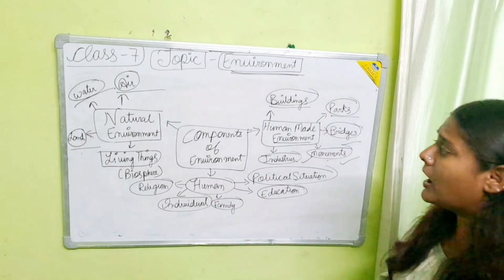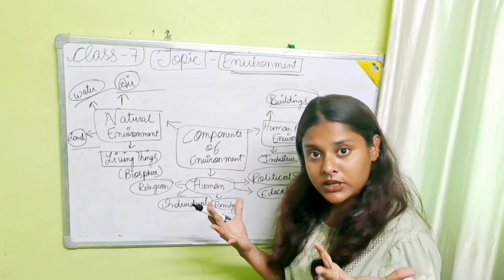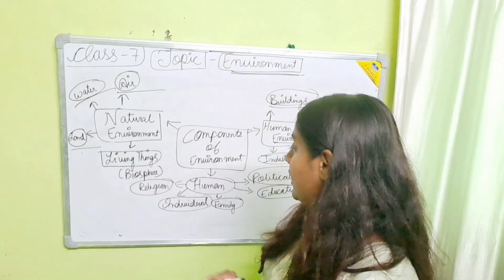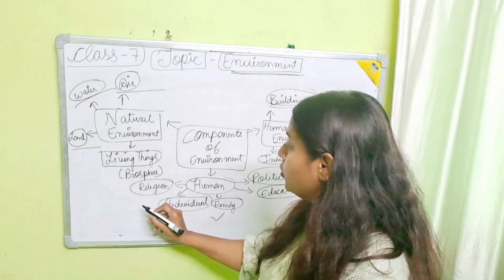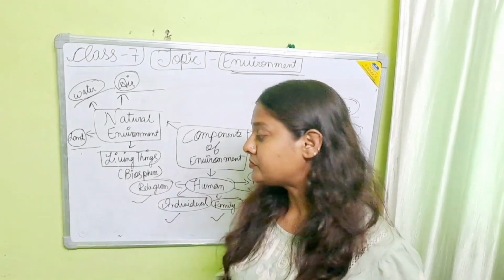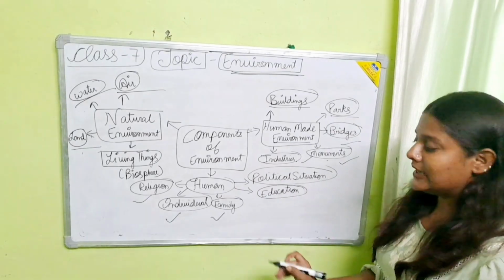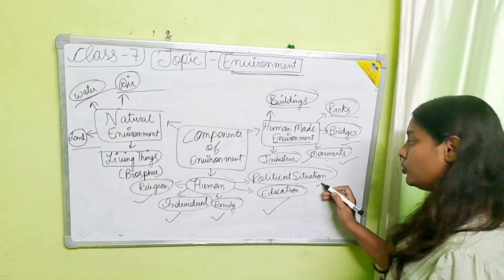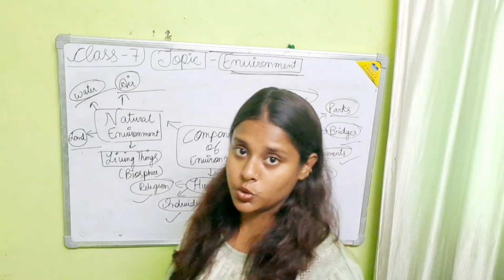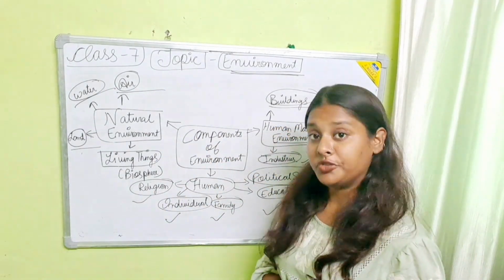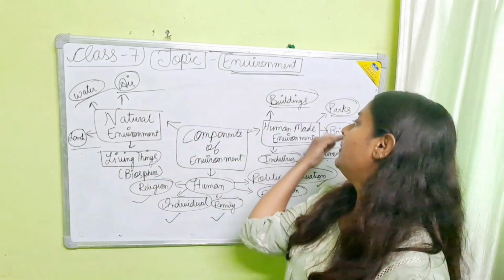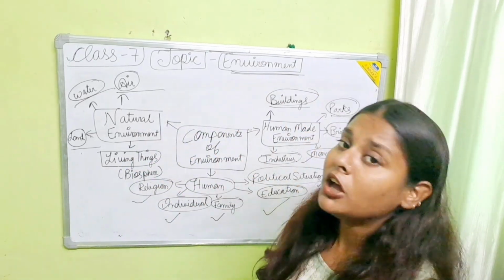And when we talk about human, it is an individual. Human forms family. Human belongs to a religion. Then human attains education, and human also faces political situations. So the components of environment are of three types: natural environment, human-made environment, and also human.